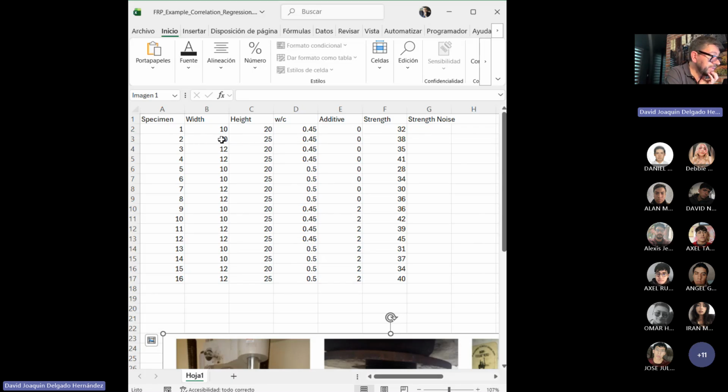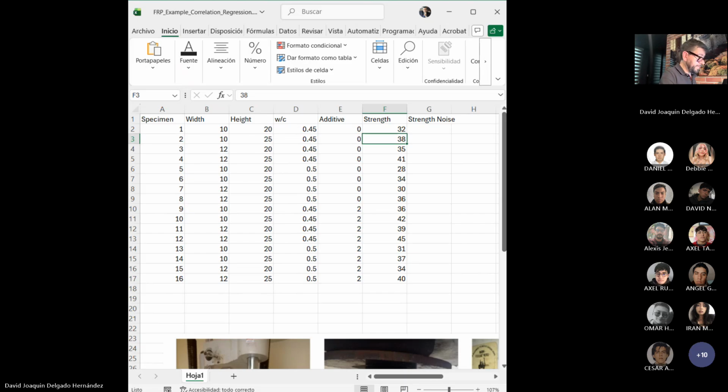For instance, both of them have 10 centimeters width, but one has a height of 20, and the other 25. The water cement relation is exactly the same, 0.45 for the two, and there is no additive. And look, the resistance increased, right? Because the height increased, the strength went from 32 to 38.